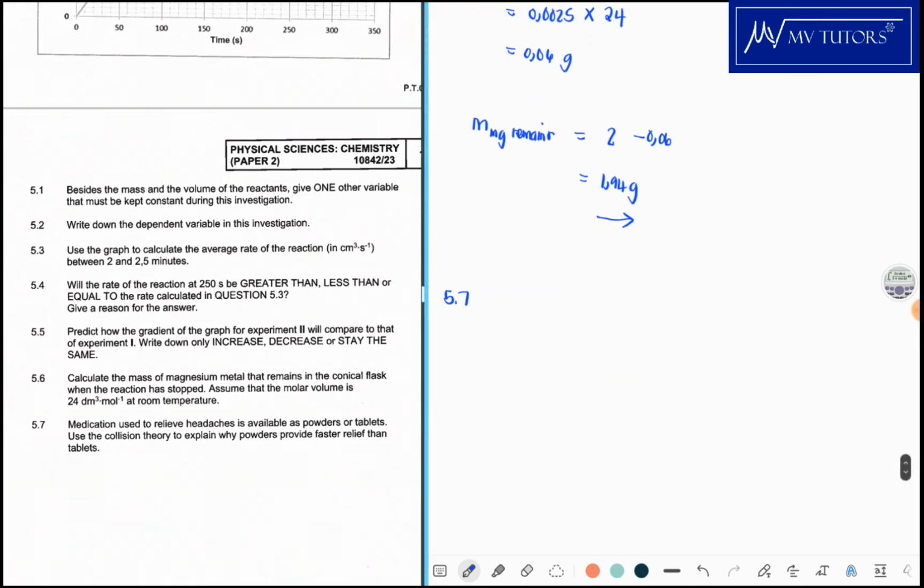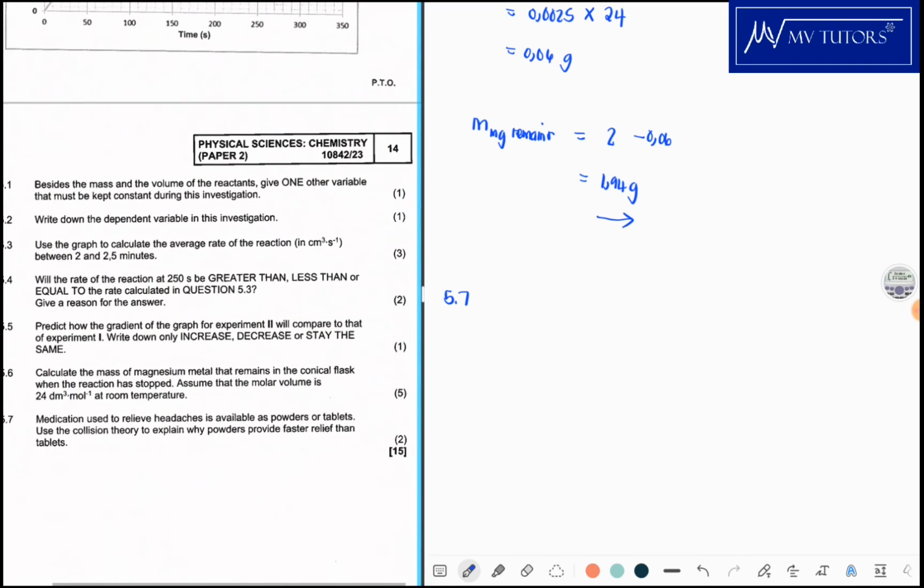Okay, and then 5.7. It says medication used to relieve headaches is available as powders or tablets. Use the collision theory to explain why powders provide faster relief than tablets. Okay, that's for 2 marks. Well, basically, with powder, you have a bigger surface area, okay, as opposed to the pills or the tablets.